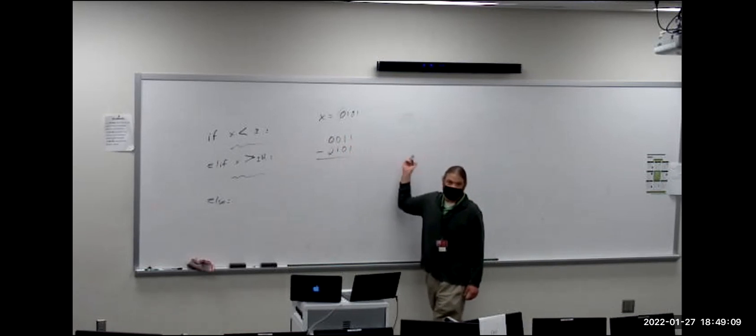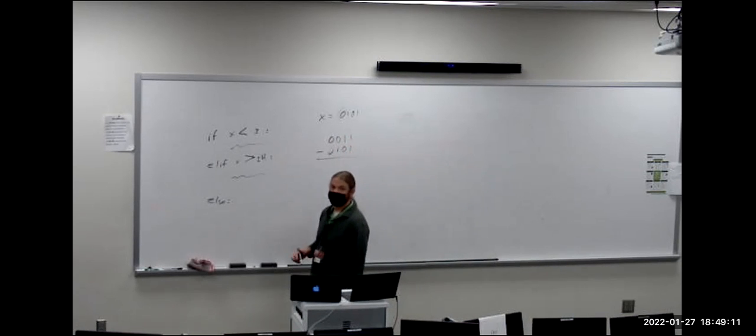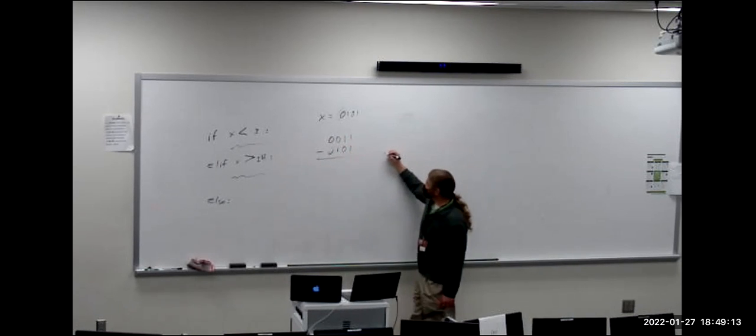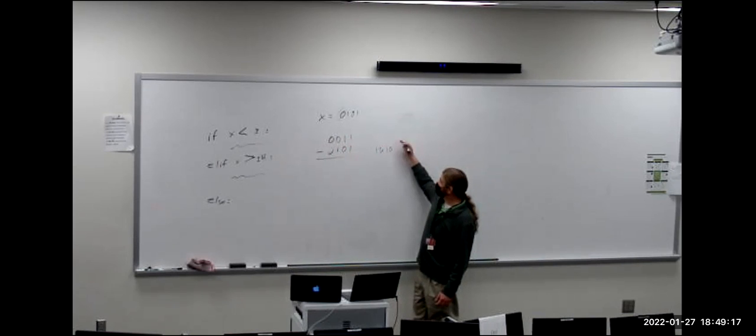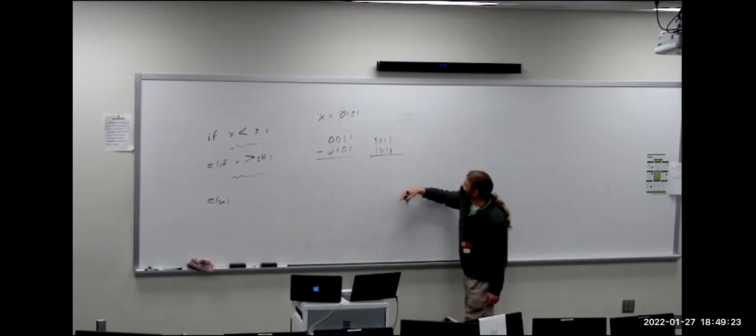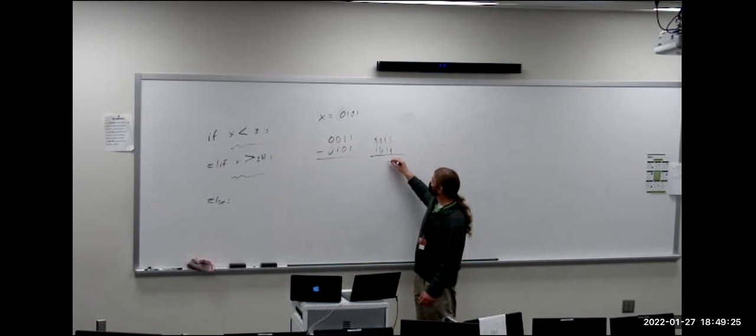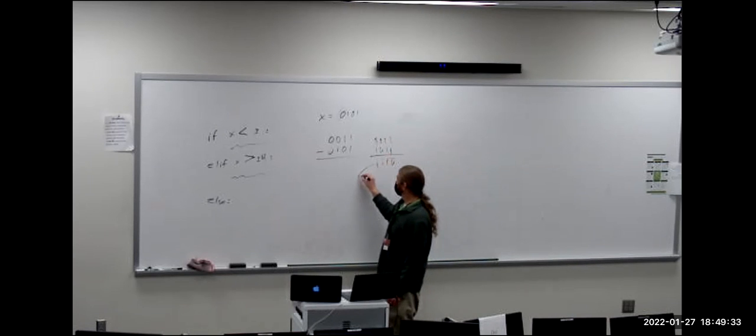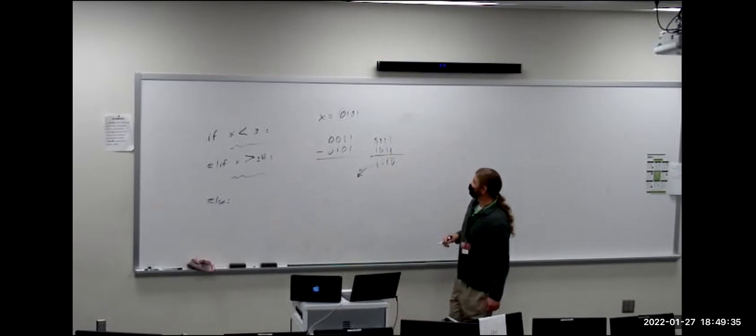And to do that, we do the two's complement thing. Flip these bits, add 1. You'll probably remember that. 1, 0, 1, 0. When we add 1, we get a 1. And then we can add these things. And now we have subtraction. 0, carry 1. 1, carry 1. 1, no carry. We have a 1. And we're not carrying anything.